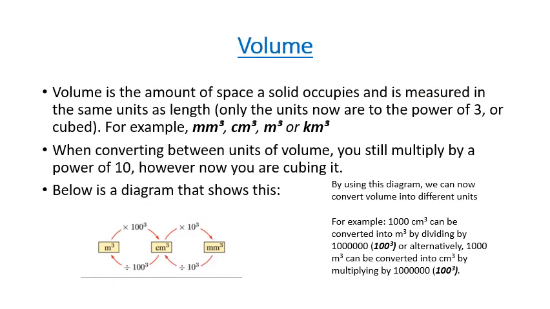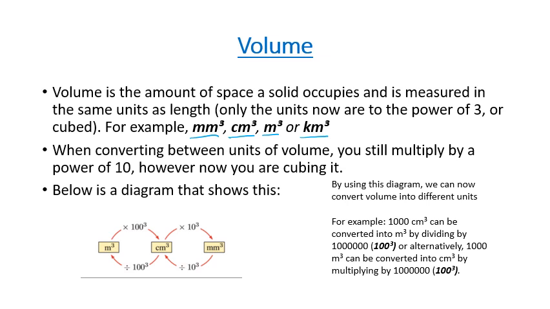Something else you might be asked to find out when we're looking at measurement is volume. And volume is the amount of space a solid shape occupies, or a 3D shape. And it's measured in the same units as the length of the side of the shape. But now we're going to do our units to the power of 3, or cubed. So area is squared, volume is cubed.